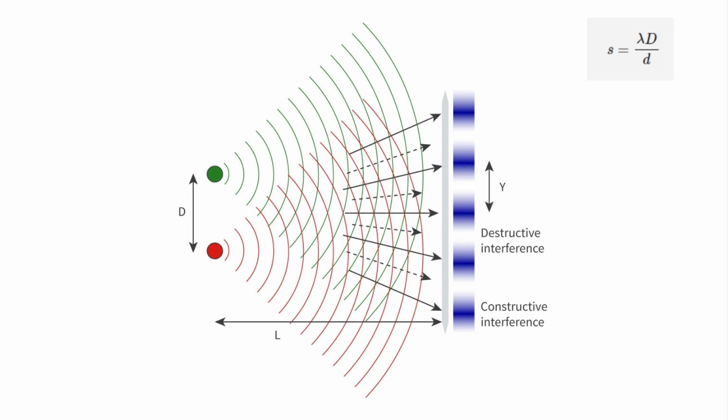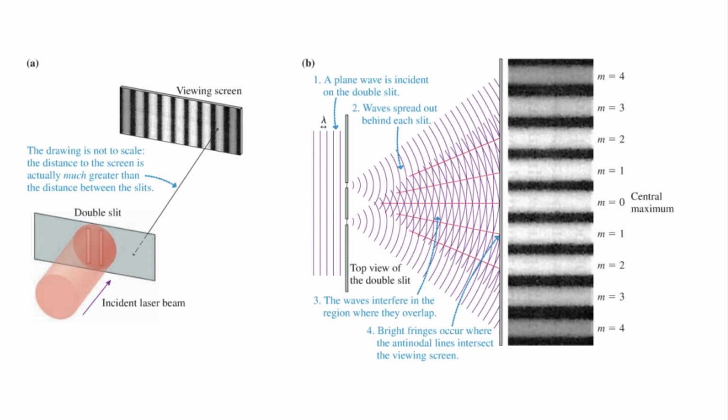Then if you know your triangles right, you'll know that the first theta is equal to the second theta, they're the same. And we're able to calculate that the path difference between the top and the bottom is going to be b over 2 times sine theta. So we know the wave from the top of the slit has to travel a shorter distance, and the wave from the bottom of the slit has to travel a longer distance. So x over b over 2, x is equal to b over 2 sine theta.